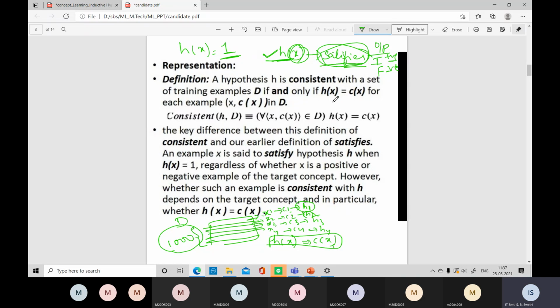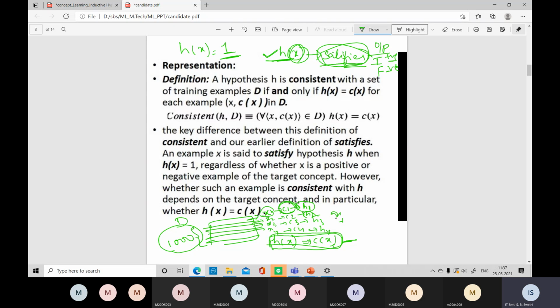When do you say the candidate elimination algorithm applies? It takes only the consistent instances, whenever this condition is satisfied. You have generated some hypothesis for a given input, and that hypothesis is generated based upon the outputs c1, c2, and c3.